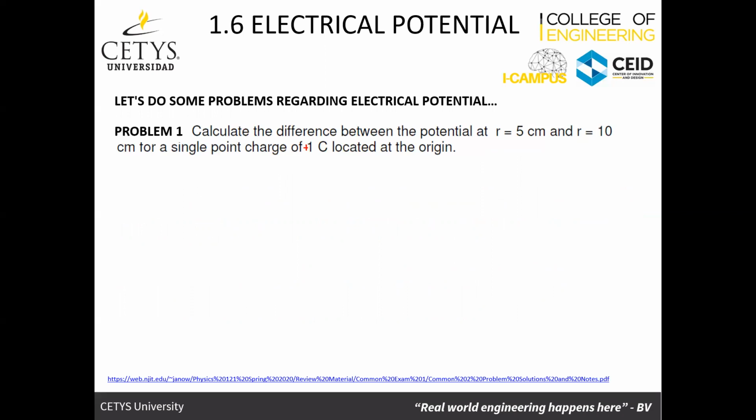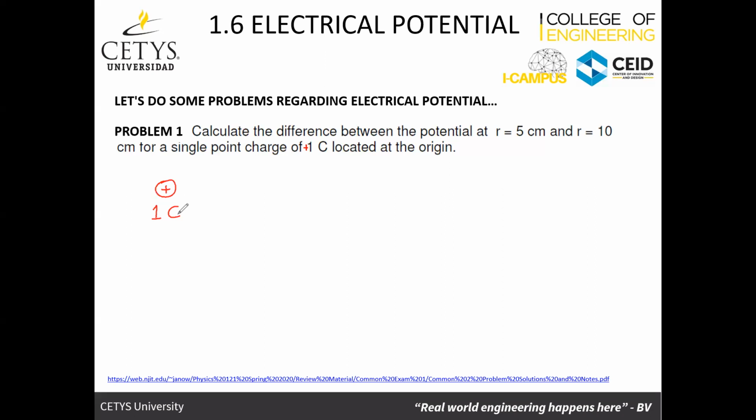So let's look at problem number 1. It says: calculate the difference between the potential at R equals 5 centimeters and R equals 10 centimeters for a single point charge of 1 coulomb located at the origin. So remember that something useful when we're doing these problems, because they're abstract, is to draw them out. So we have a single point charge, a positive charge. This charge is 1 coulomb.